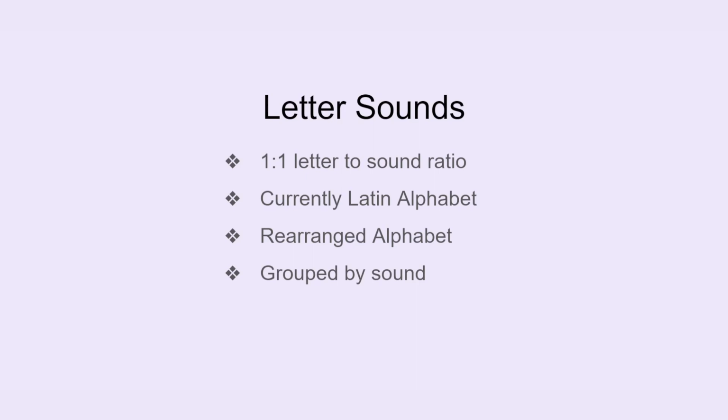I also have that there are some common consonants and vowels, and then there are some specialized consonants. So those are the two groups, and I'll be starting with explaining the common letter sounds.